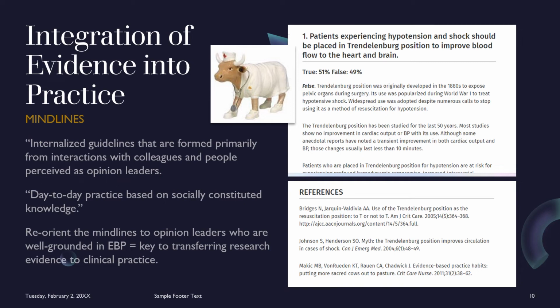This is actually false. Trendelenburg has been studied for the last 50 years, and most studies show no improvement in cardiac output or blood pressure with its use, and that any cardiac improvement or blood pressure stabilization usually lasts less than 10 minutes, and yet we still do it.